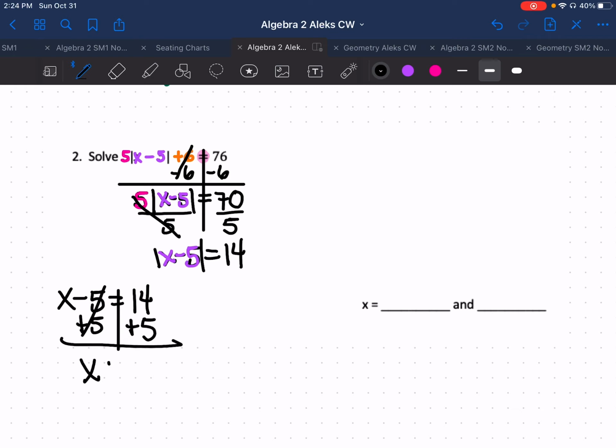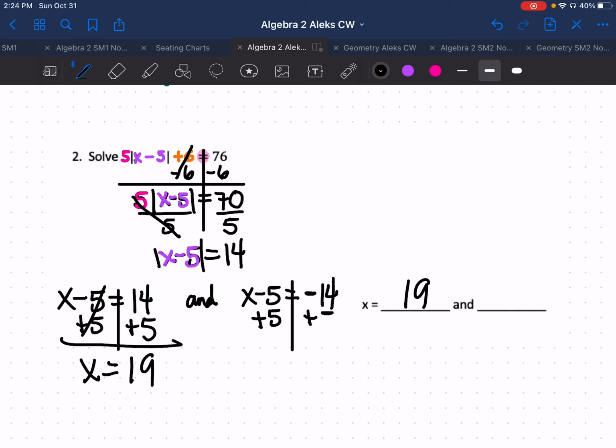To solve this equation, we're going to go ahead and add 5. 14 plus 5 is 19. There's my first answer. And there's a second one. Remember, you're going to take that purple part inside and you're going to set it equal to negative 14. The beauty of these equations is that you solve them exactly the same way, so you don't have to think about solving.